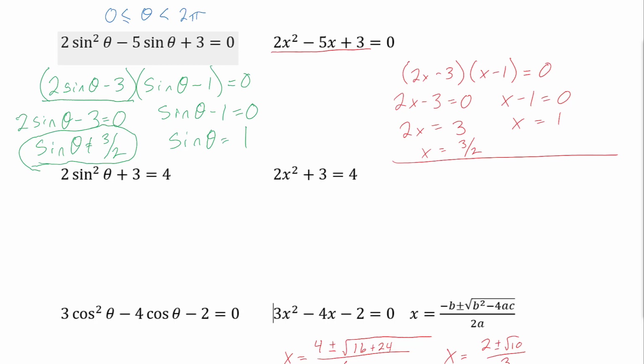The only solution that makes sense is sine theta equals 1. Looking at our unit circle, we're looking at where the y value, that's our sine, is 1, and that would be at pi over 2. So the only answer that makes sense is theta equals pi over 2.